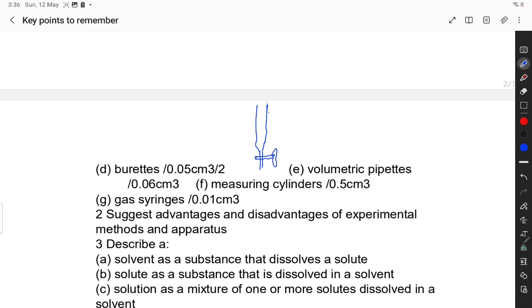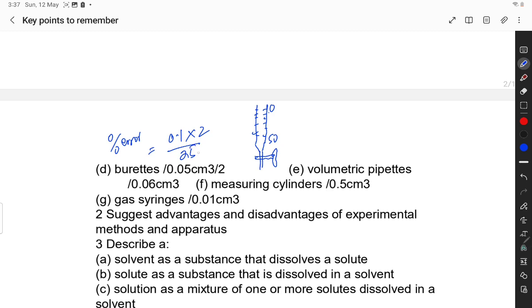This is a graduated burette, and the mark is 50 over here and 0 over here. The accuracy is 0.05 cm³, divided by 2, which is 0.1, because we take initial and final readings. So the reading error, multiplied by 2 and divided by the volume used, gives the percentage error of the burette.